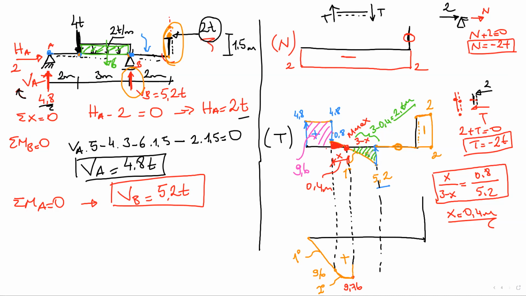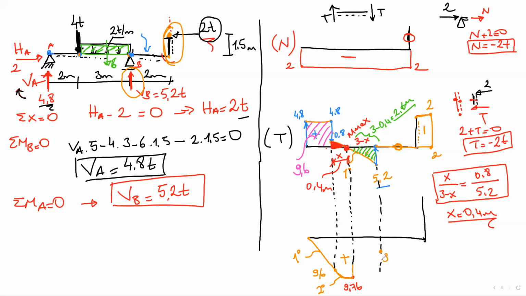It is 6.76. So this is a negative area. The total is minus 6.76.